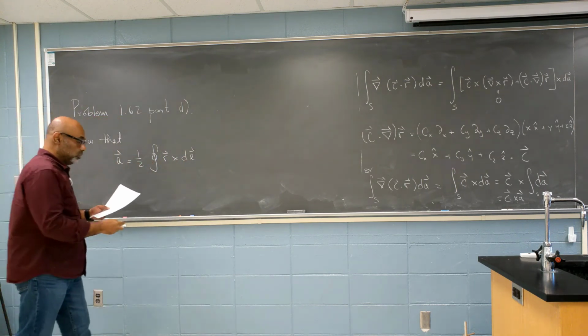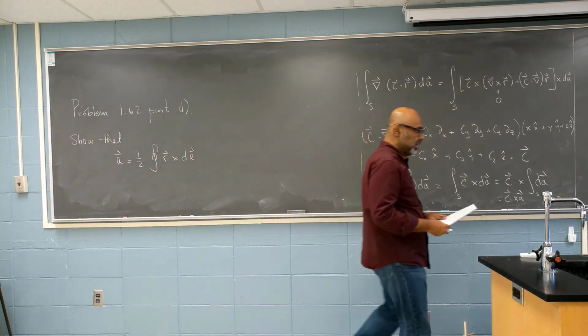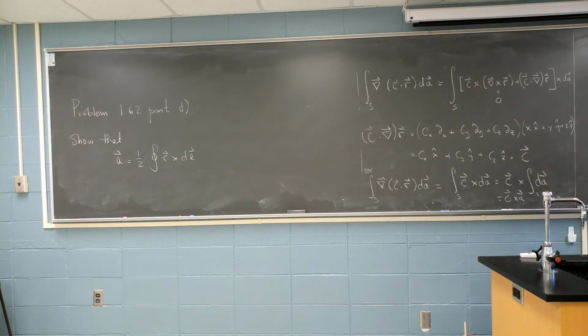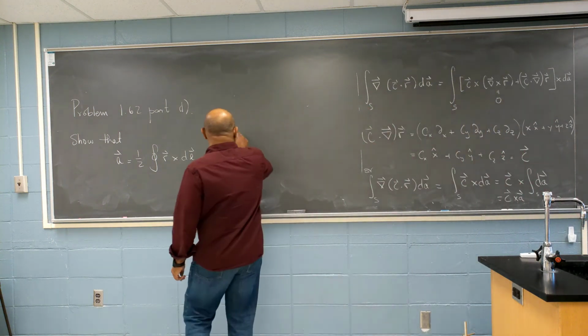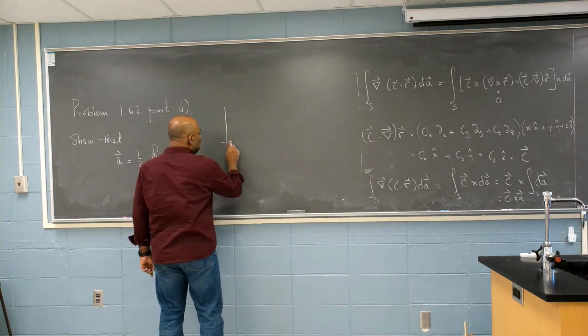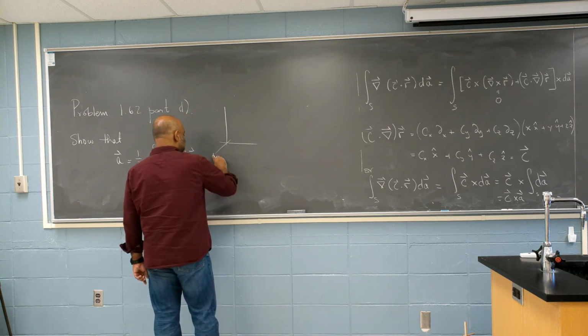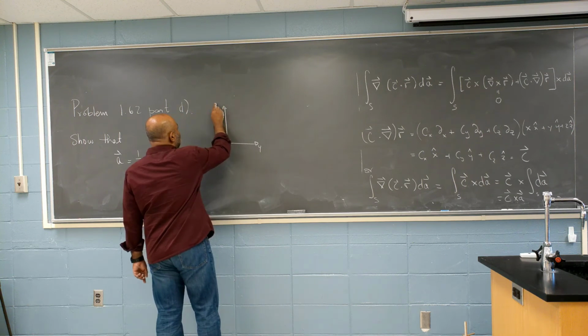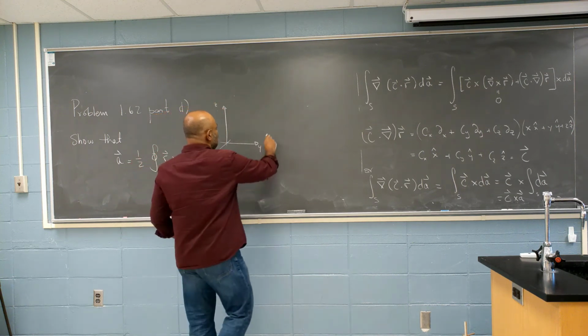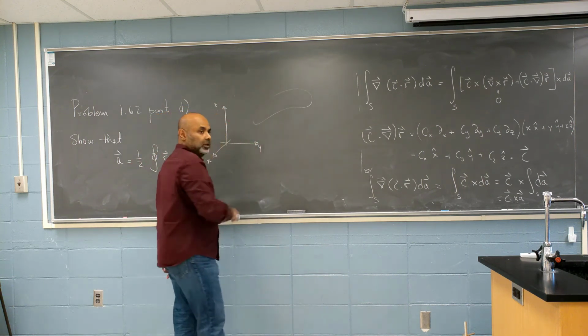So let me state what this is trying to say. Suppose you're trying to find the area vector. Your coordinates might be here. It doesn't matter where it is, but I wanted to show you that it could be just anywhere. And you have an area over here.